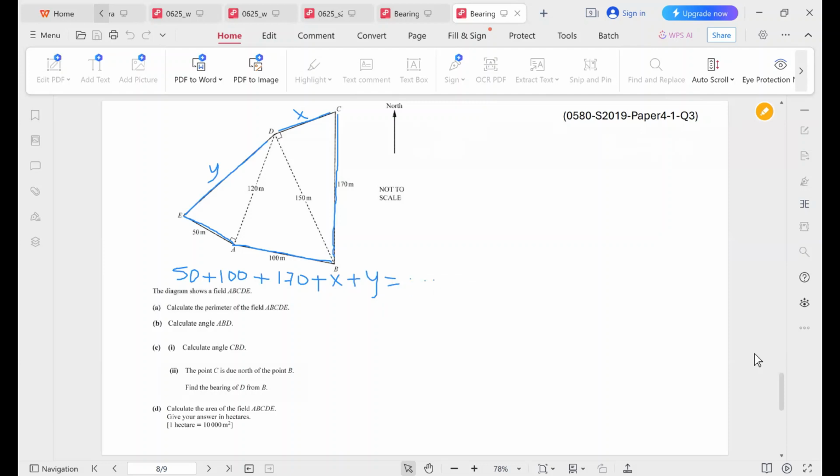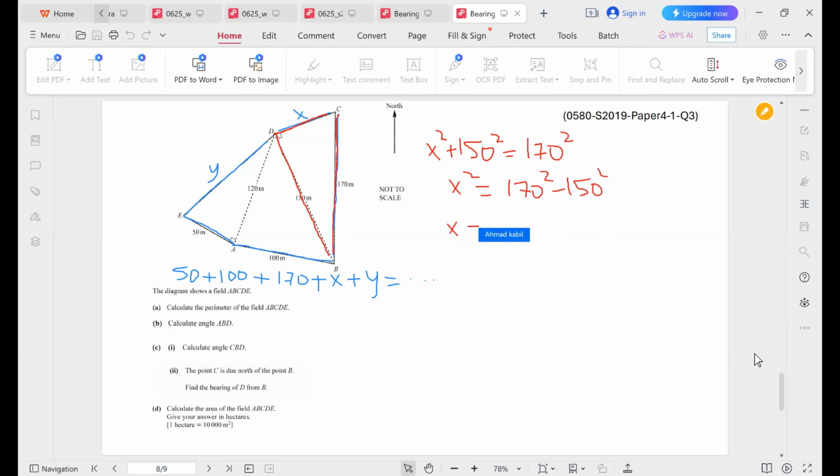So x is straightforward because it belongs to a right triangle. We can create a Pythagorean theorem equation by saying, of course, let me highlight the triangle first so that you're on track. This is the triangle we're looking at. x squared plus 150 squared equals 170 squared. So x squared equals 170 squared minus 150 squared.